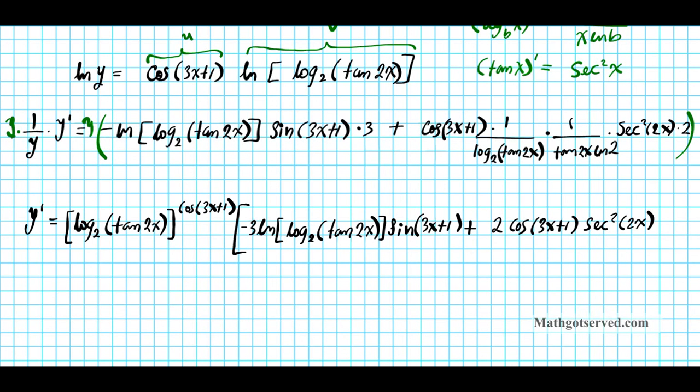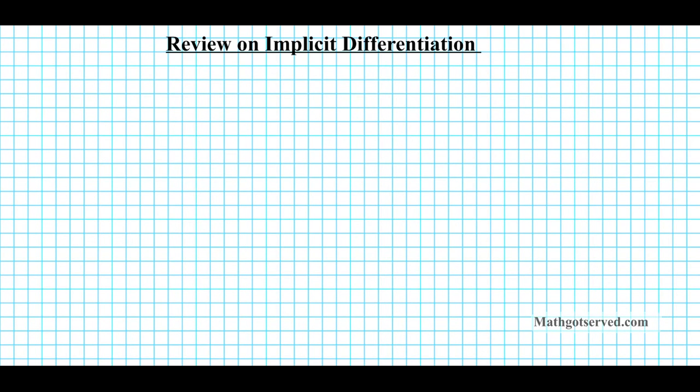And then that divided by the denominator, which is log base 2 of tan 2x times tan 2x multiplied by the natural logarithm of 2. Alright, so there goes your final answer for question number 4.